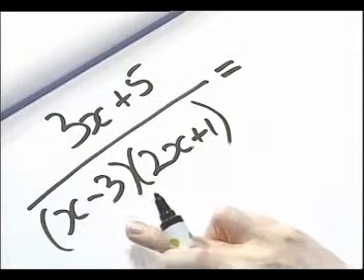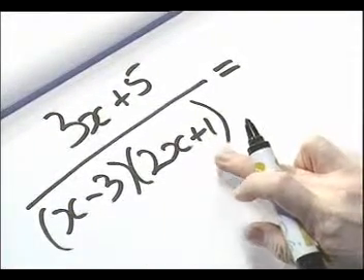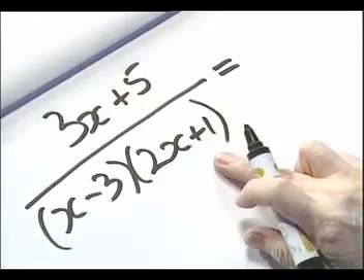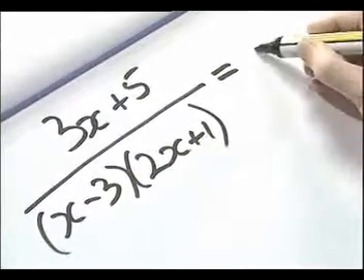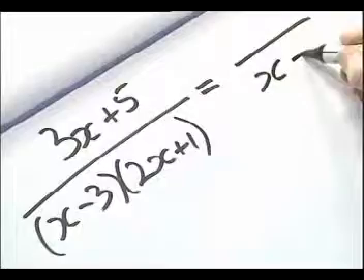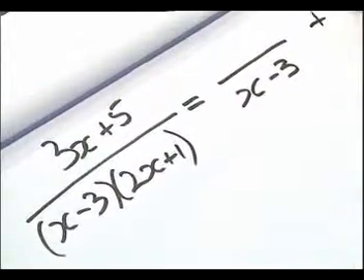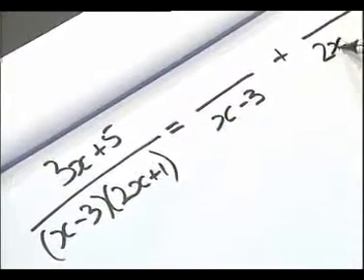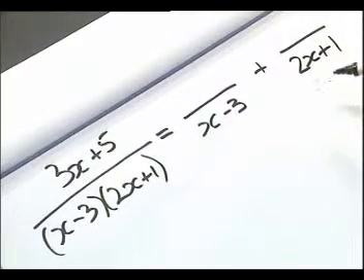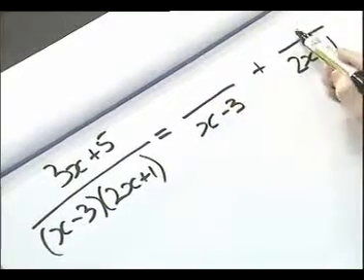So how do we get this back to its component parts? Well, we only have two factors in the denominator, x minus 3 and 2x plus 1. So it must be something over x minus 3 plus something over 2x plus 1. And what are these somethings?